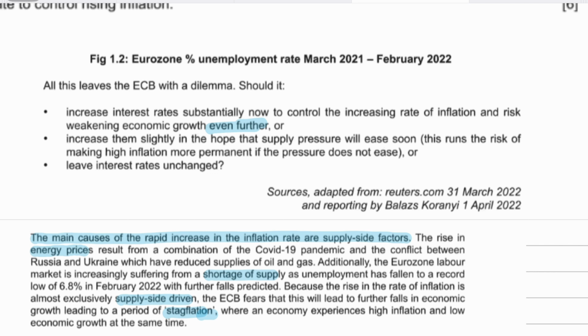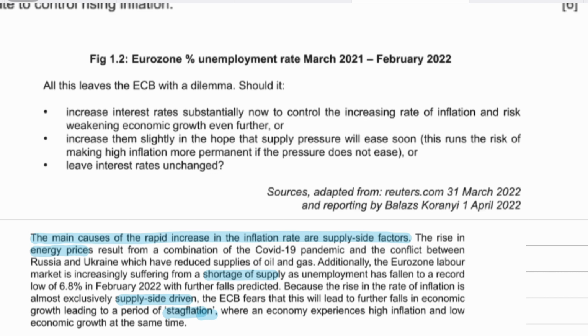And if it doesn't raise the interest rate, it's just hoping that inflation would come down, and at the same time hoping that the supply pressures would go down as well. Maybe the Ukraine-Russia conflict would end soon, and the energy prices would go down again.